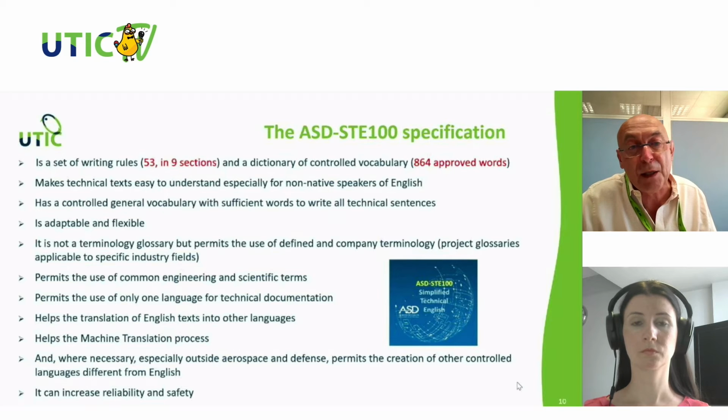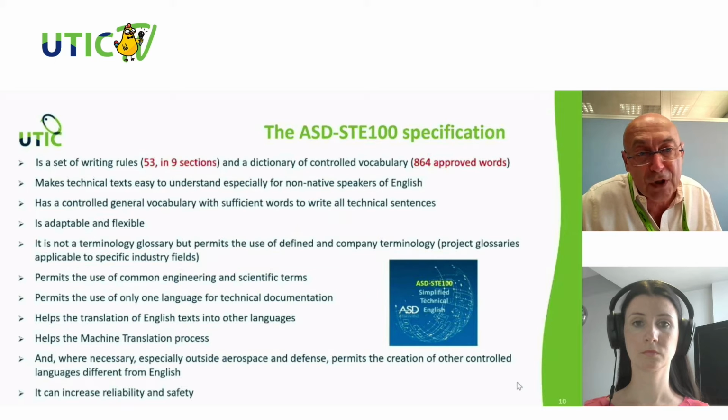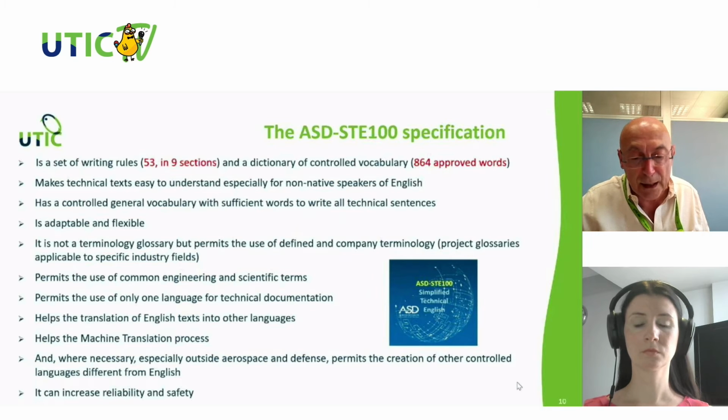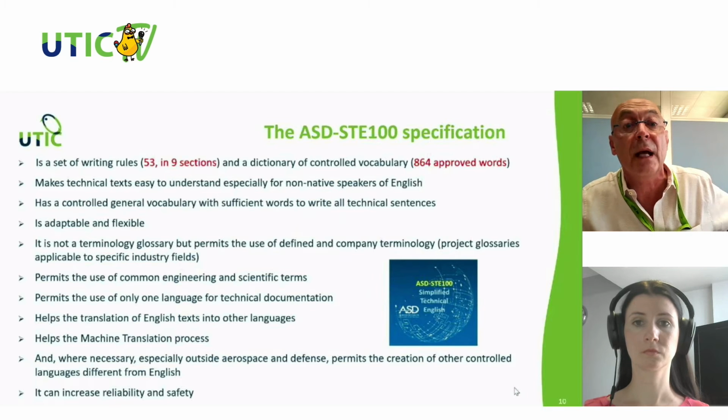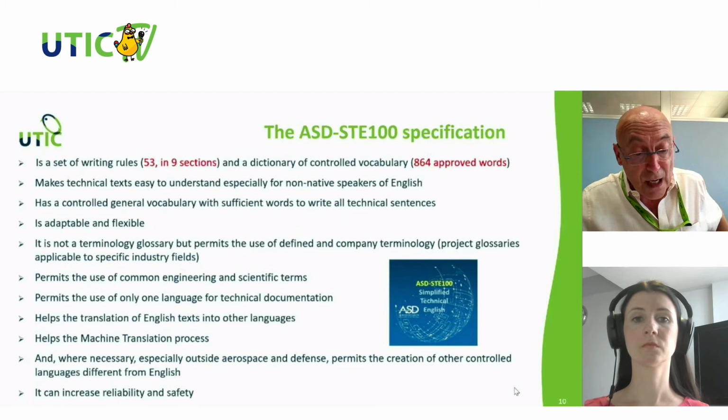So flexibility is, I would say, the most important feature, because you can add to the basic vocabulary, you can add some categories of terminology, which we call technical names and technical verbs, that can be applicable to every domain. And we will see later about the usage of simplified technical English, which is summarized in the next slides.